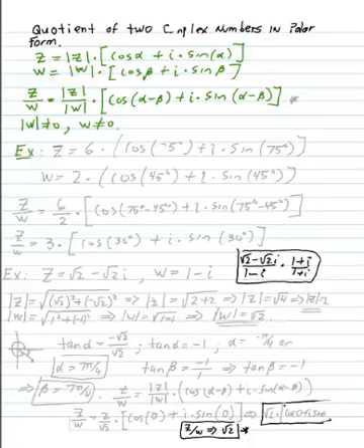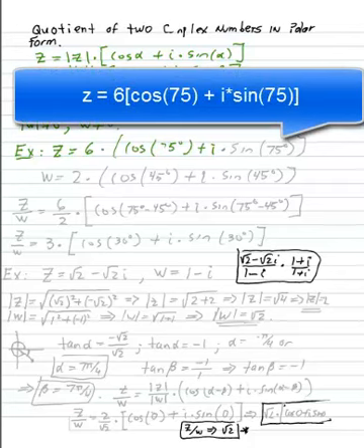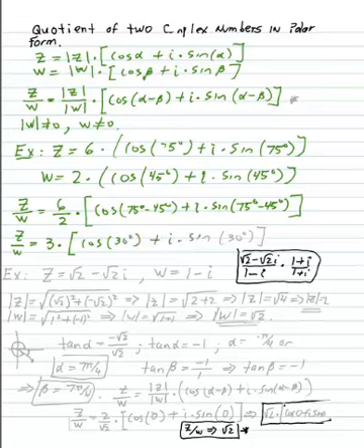So for example, if we let z be equal to 6 times the cosine of 75 degrees plus i times the sine of 75 degrees, and if we let w equal 2 times the cosine of 45 degrees plus i times the sine of 45 degrees, then z divided by w is equal to 6 divided by 2 times quantity cosine of 75 degrees minus 45 degrees plus i times the sine of 75 degrees minus 45 degrees, and simplifying that, 3 times the cosine of 30 degrees plus i times the sine of 30 degrees.